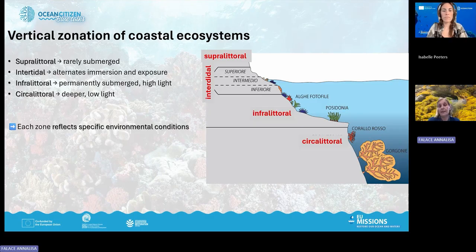Then we have the zone of the shallow infralittoral, still characterized in some areas by photophilic algae and also macroalgal forest. And then we go to the circalittoral, where we have low light, and in the Mediterranean this is the habitat characterized by the coralligenous, and in the Atlantic we have gorgonians, corals, and other deeper animal species.